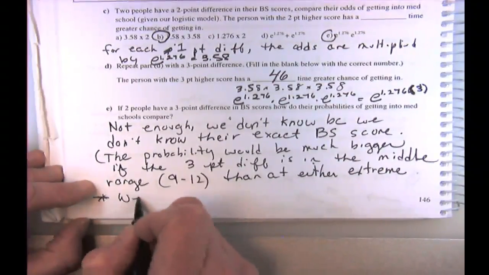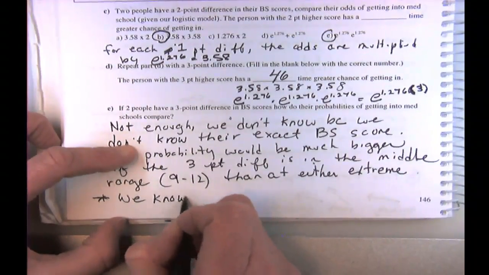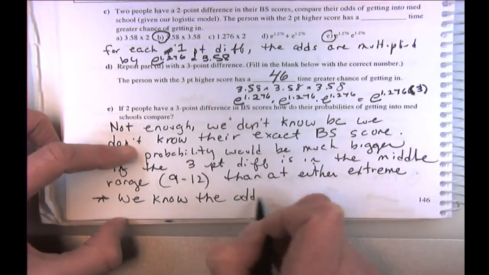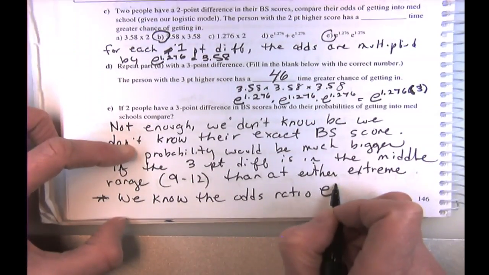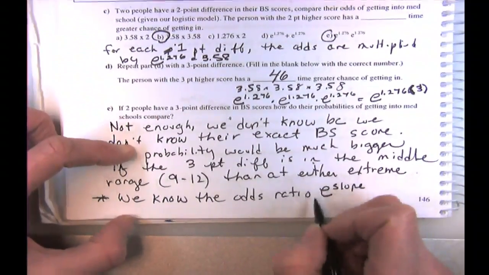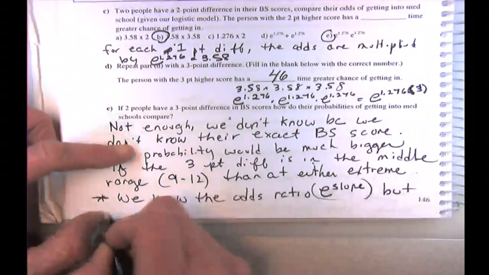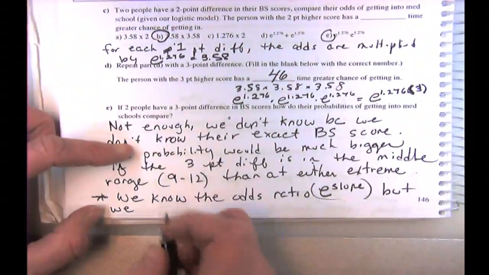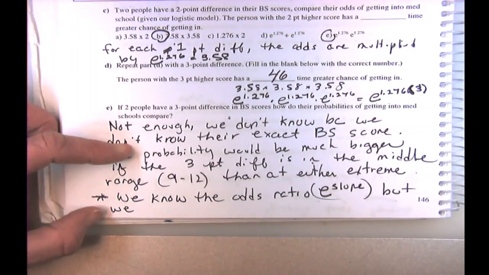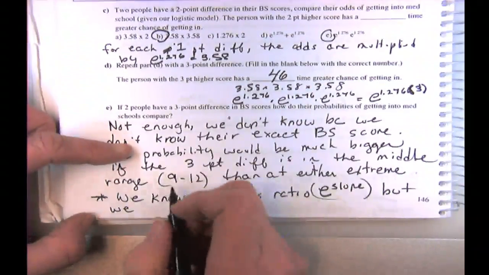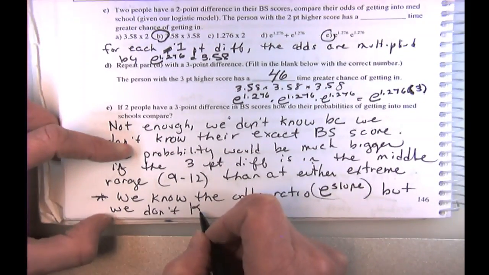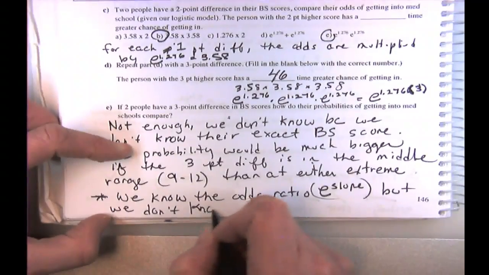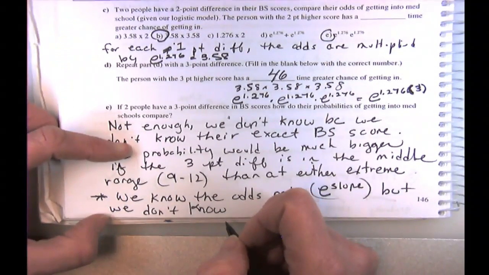In other words, we know the odds ratio. That's e to the slope. We know that. But we don't know the odds. We just know the ratio of their odds. If we knew the odds, it would be fine. Probability is just odds over 1 plus odds.